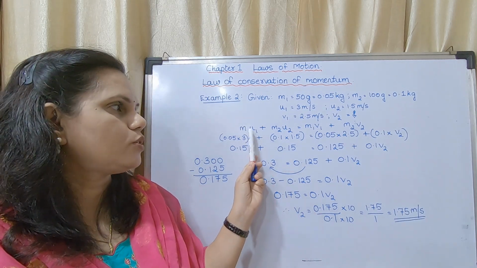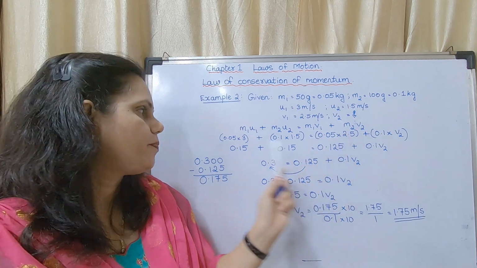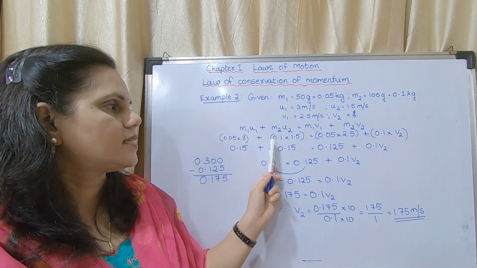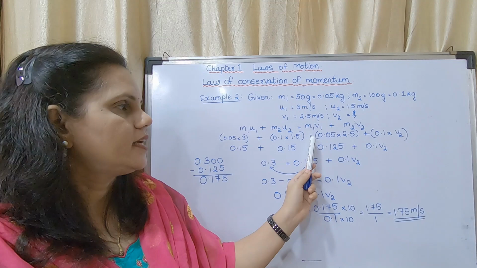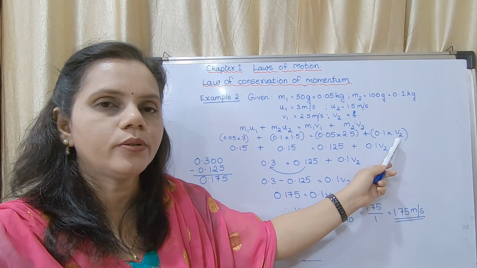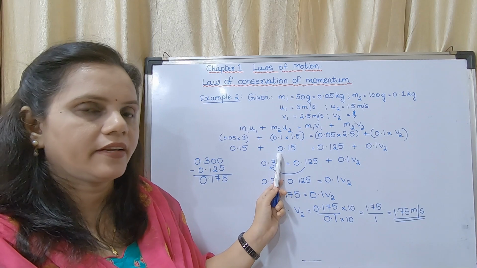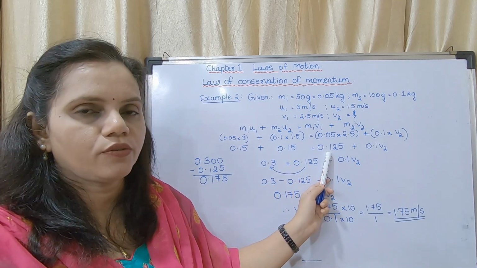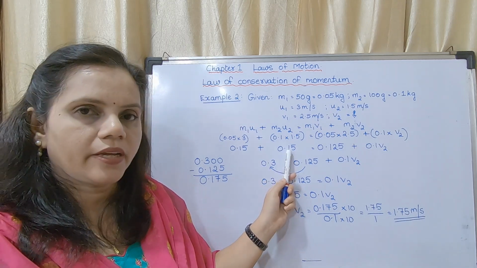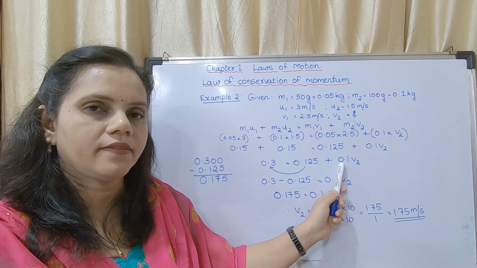The equation is m1u1 plus m2u2 is equal to m1v1 plus m2v2. Substituting the values, 0.05 into 3 plus 0.1 into 1.5 is equal to 0.05 into 2.5 plus 0.1 into v2. Multiplying, 0.15 plus 0.15 is 0.3, which is equal to 0.125 plus 0.1 v2.